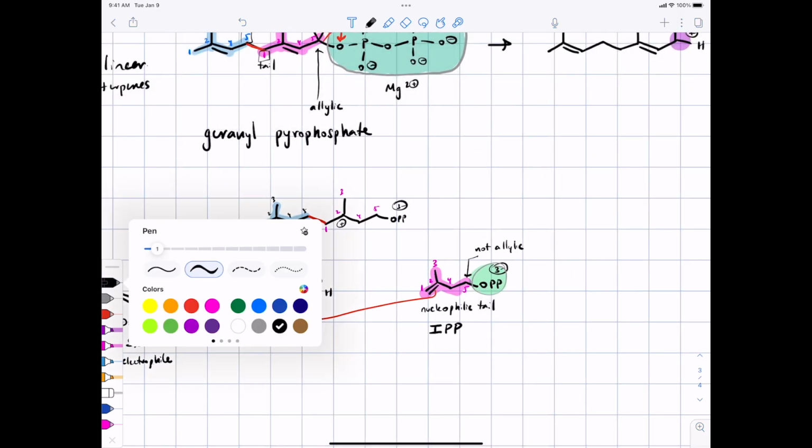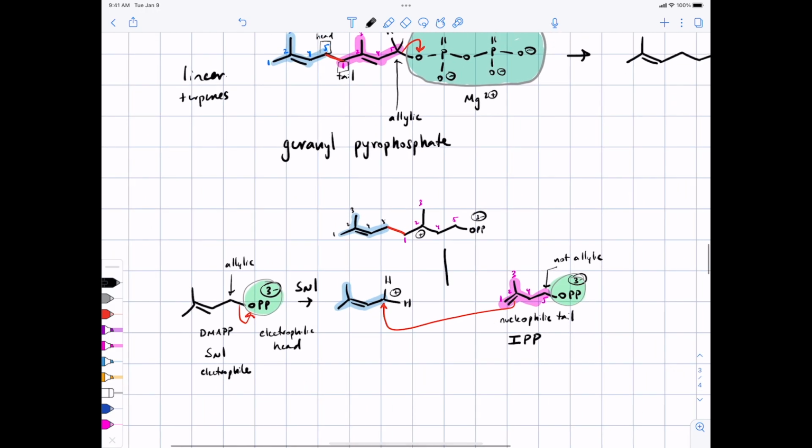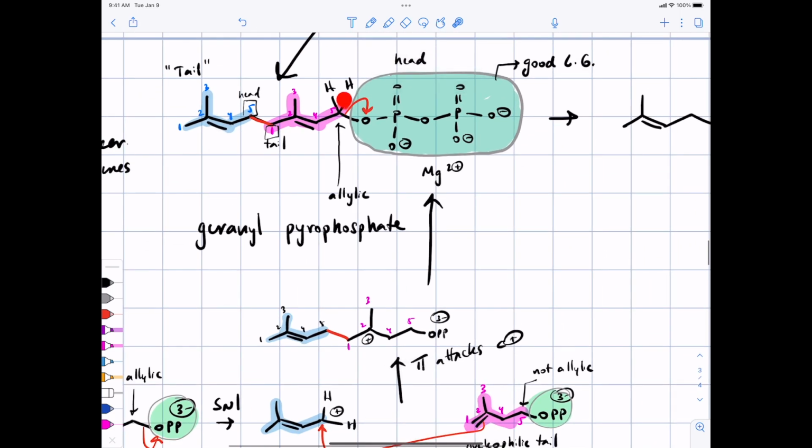Now, so that's leaving group leaves, sort of an SN1 type step. What we did here is sort of pi bond attacks carbocation. What have I got to do to get from this carbocation to my geranyl pyrophosphate? Look at the connectivity. What's the difference?